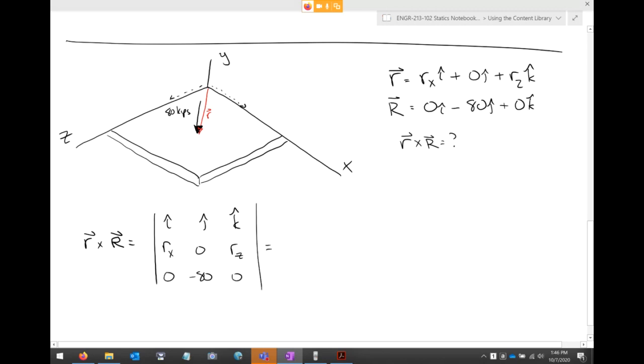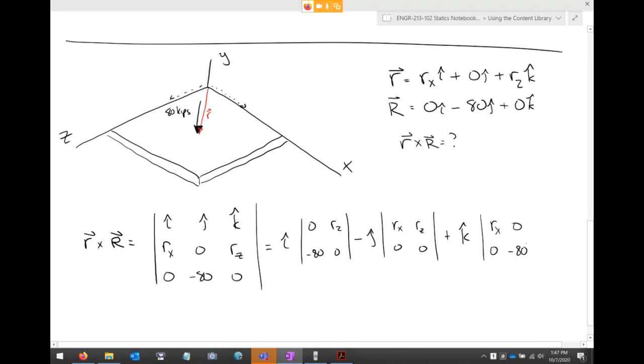And so let's check this out. So I, and then 0, Rz, minus 80, 0, minus J. And so what do we get? Rx, Rz, 0, 0, plus K. And then that's, what do we get? Rx, 0, 0, minus 80.